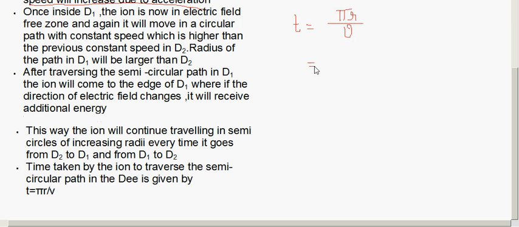So it is pi into (1 by v) into mv divided by qB, and the v will cancel. So the time t becomes equal to pi m divided by qB.